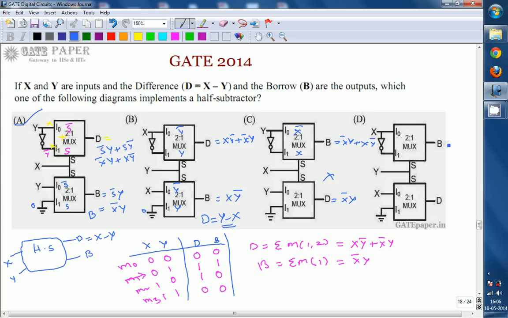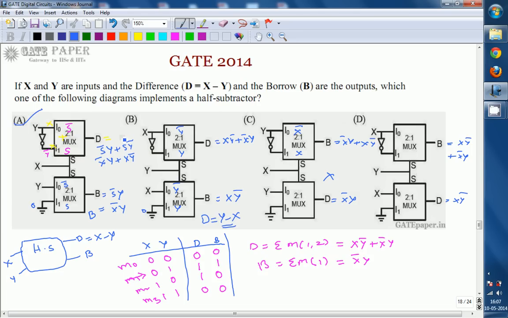For the last option also, you get x y bar plus x bar y for one output and x y bar for the other. So all these options are wrong except A. So A is the right answer.